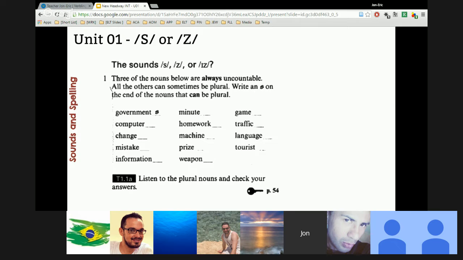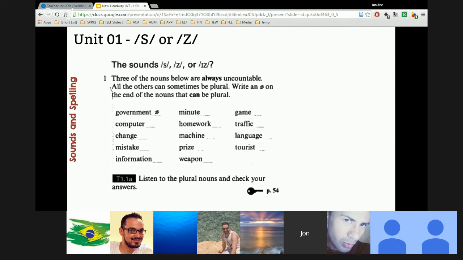Notice that glasses of water and prizes both take the IZ ending. You have to add a syllable to give it the IZ ending. Look at the letters. Prize ends with a Z and glasses ends with an S. That's not a mistake. It's not a coincidence. That's actually part of the rule.